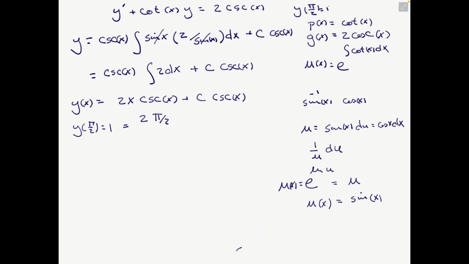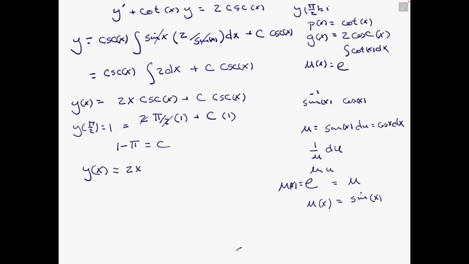So that's 1 on sine of x, but sine of pi on 2 is 1, so that's 1 plus c times 1. And these cancel, and so we have 1 minus pi equals c. Then that gives us the answer.